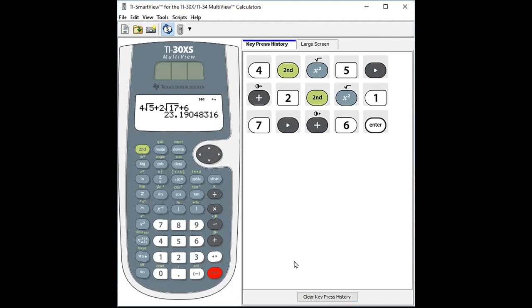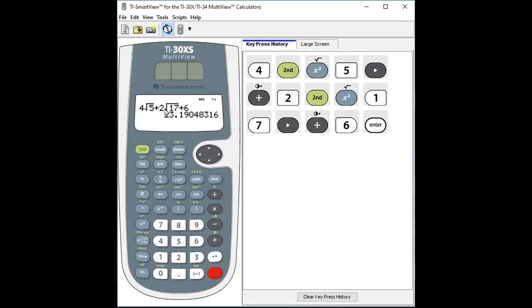So the perimeter is 23.19. Now, if you wanted to leave it exact, you're going to have to leave it 2 root 17 plus 4 root 5 plus 6. That's the exact answer is what we put in. The fact that our calculator doesn't leave a root in there says that those don't combine. They don't simplify any more than that.